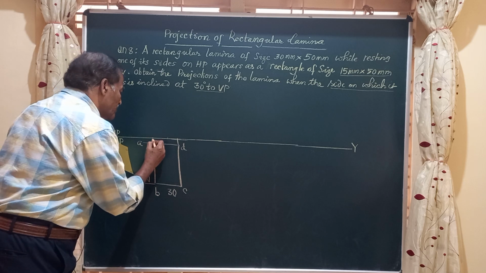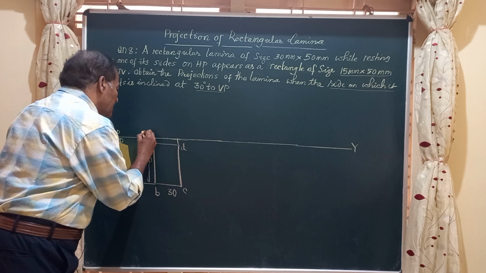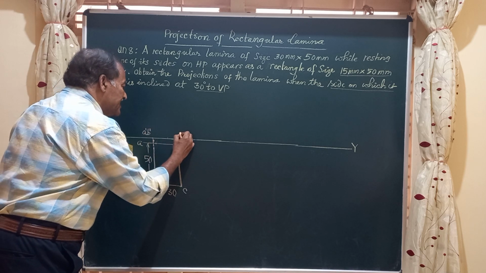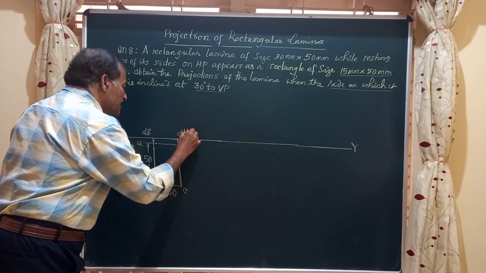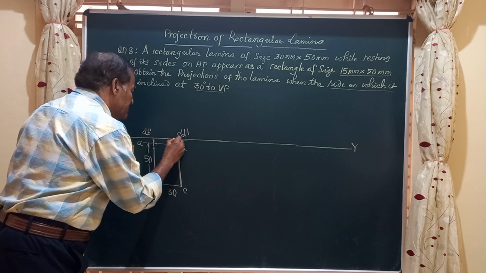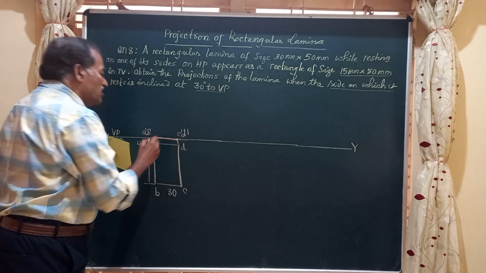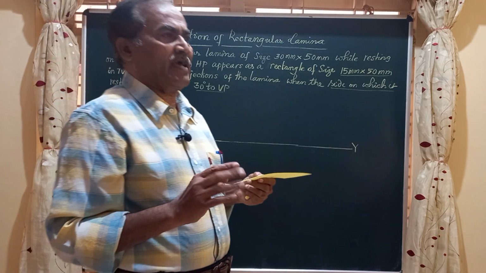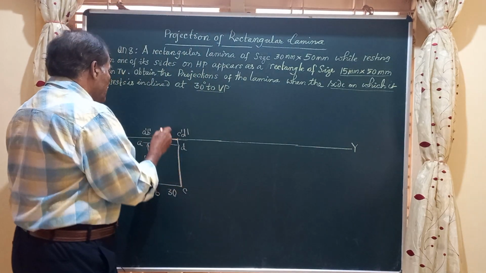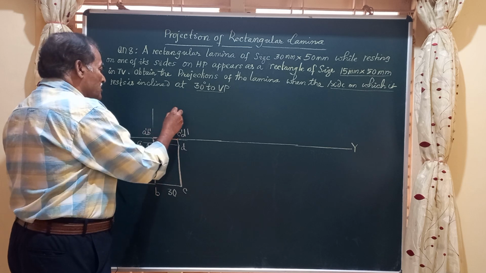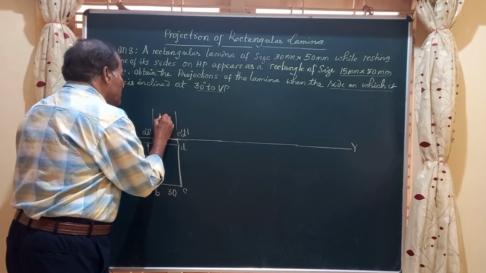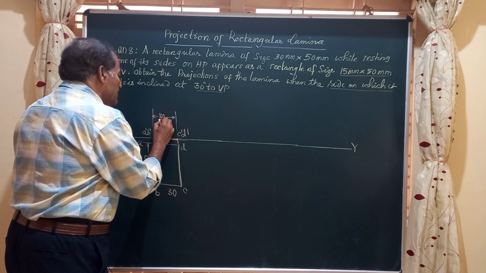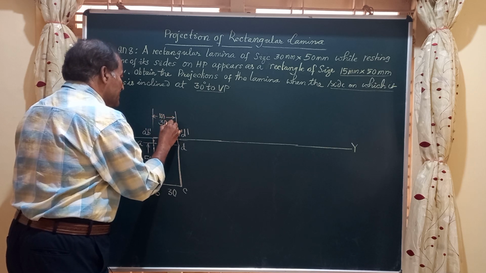So friends, here I have projected the line from here, and I get the points A dash, B dash, and here we get C dash, D dash, and this line A dash, B dash, C dash, D dash on XY represents the front view of the lamina, and it will have a width equal to 30 millimeters. So I will call this distance as M, and the value of this M is 30 millimeter in this case.